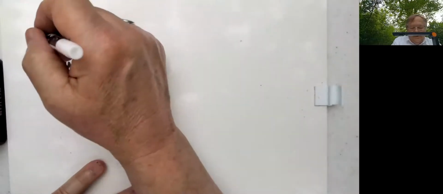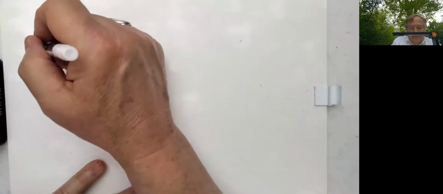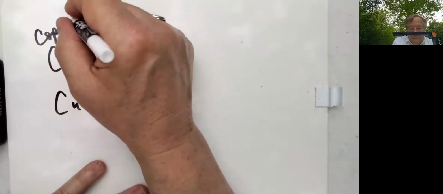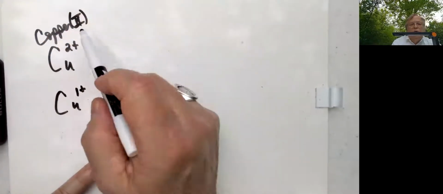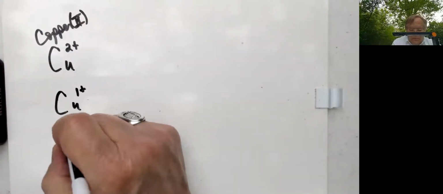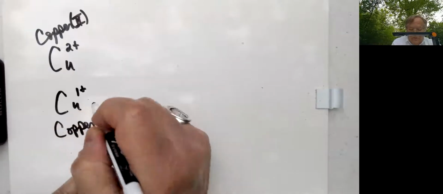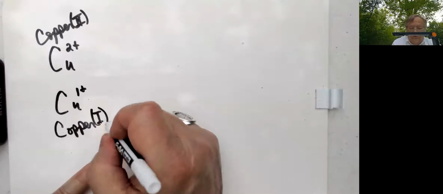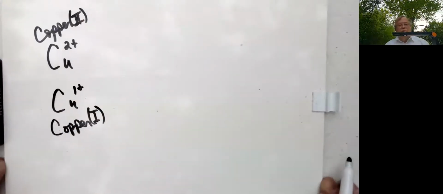All right, so this is, I would say, copper 2, meaning use the positive 2. And then this one would be copper Roman numeral 1. And again, if you can remember to use the parentheses, that's always better.